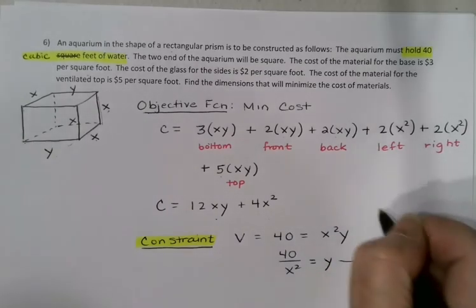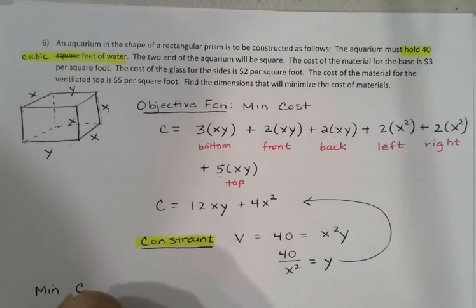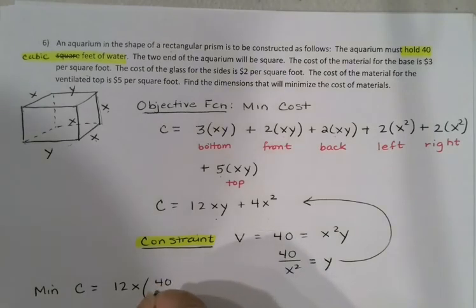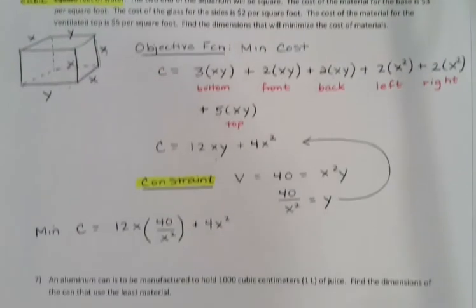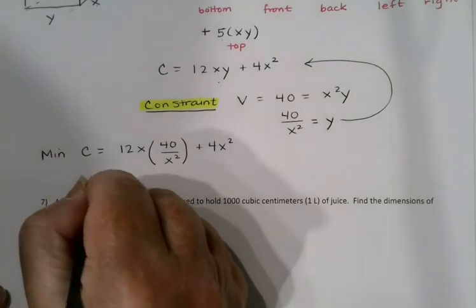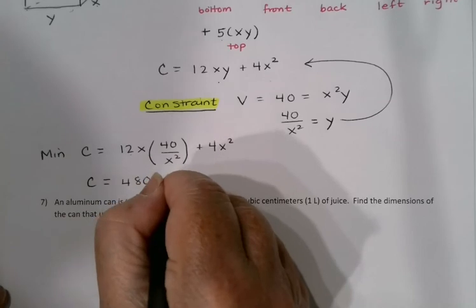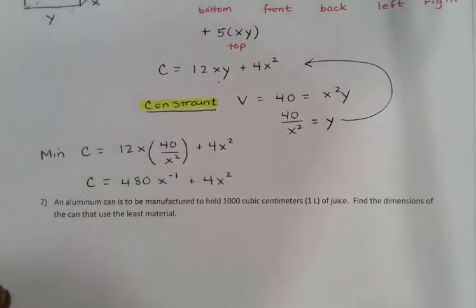So let's plug that into the objective function and say now my goal is going to be to minimize the cost function, which is 12x times this y, 40 over x squared, plus 4x squared. And that would be 480 x to the negative first, plus 4x squared.